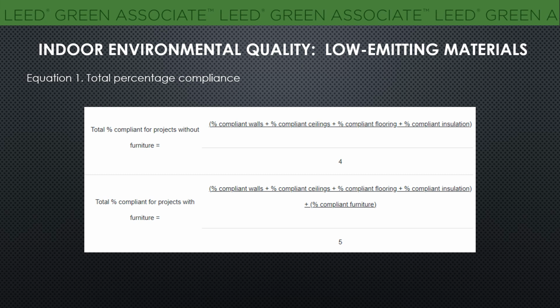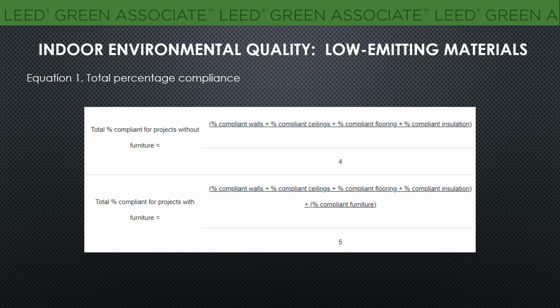Let's look at the equation. Total percentage compliance for projects without furniture is equal to percentage compliant walls plus percentage compliant ceilings plus percentage compliant flooring plus percentage compliant insulation, all divided by 4.